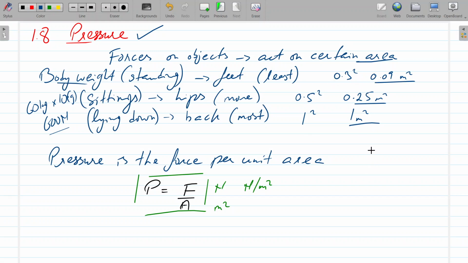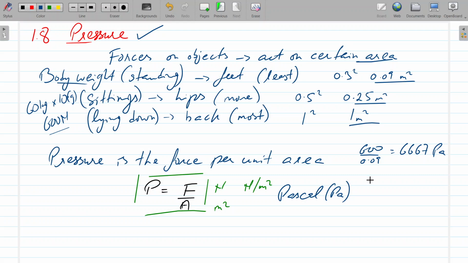So let's take 600 divided by 0.09, and that would give us 6,666.67. So 6,667. Oh, by the way, the SI unit for pressure is Pascal, Pa. So you've got that much pressure.